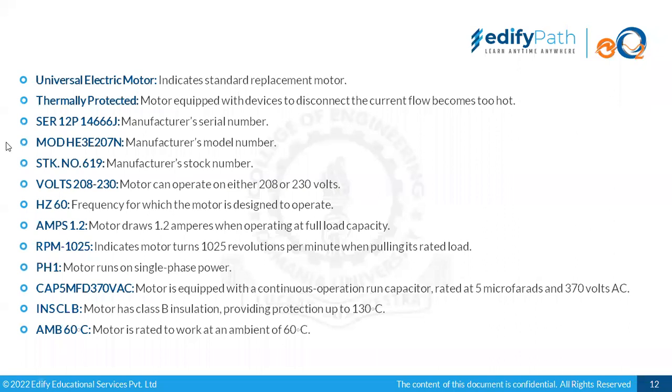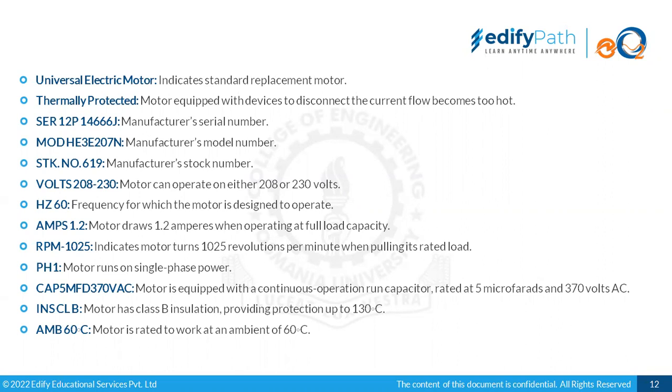Then the model number is there, which could be specific to a large number of the entire lot. It might not be unique, but it could be of a certain lot. It is coded according to the manufacturing date and the unit in which it was manufactured. Then the stock number of the manufacturer is there, then the voltage range in which it could function.